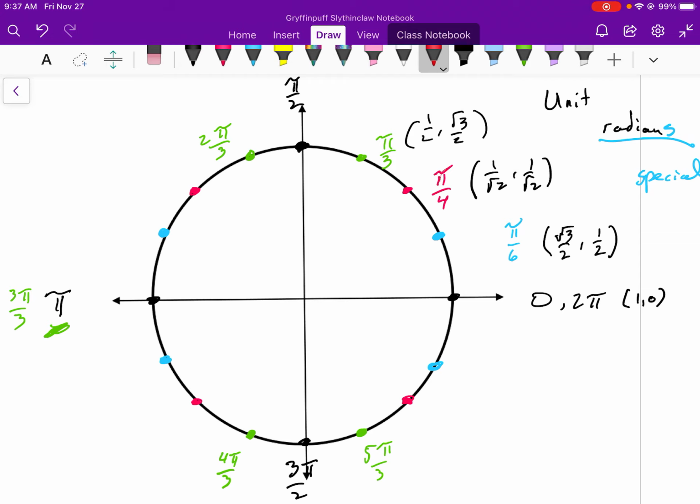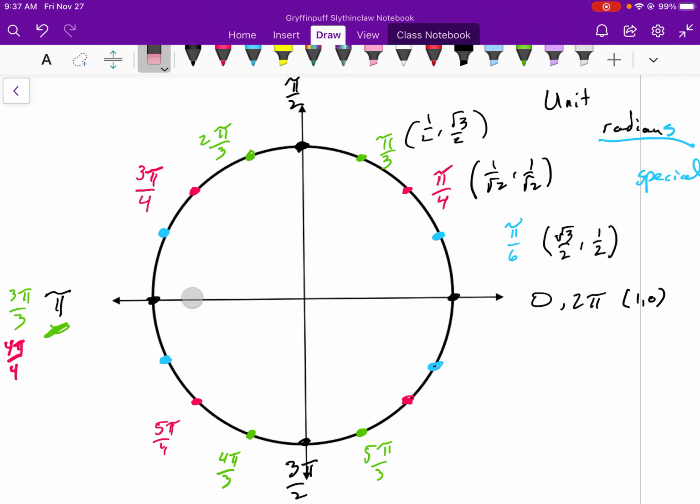Now, this angle over here, I'm going to figure this out. I'm going to think about pi in a different way. I'm going to think about pi as 4 pi over 4 now, and that'll give me a hand. This is going to be 3 pi over 4. This will be 5 pi over 4. And the reason for that is this is 4 pi over 4 minus 1 pi over 4.